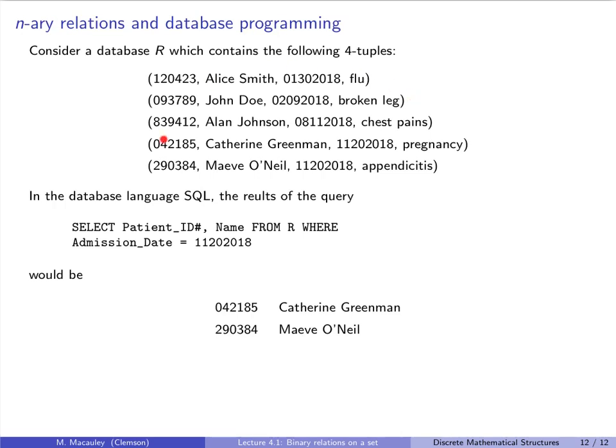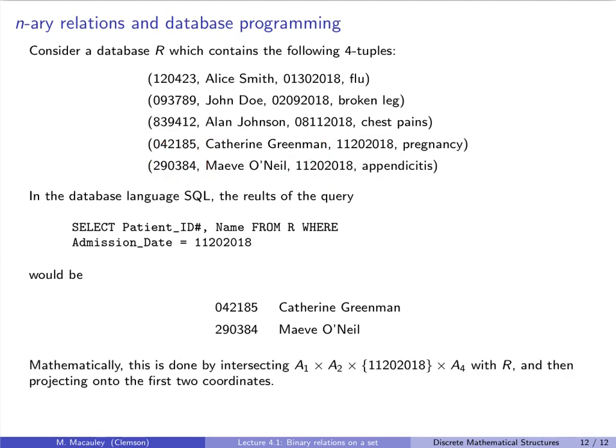So it's going to say select the patient IDs and the names from this table for all the entries where the admission date is November 20, 2018. And so here are those two entries. It literally just picks out the ID and the names.